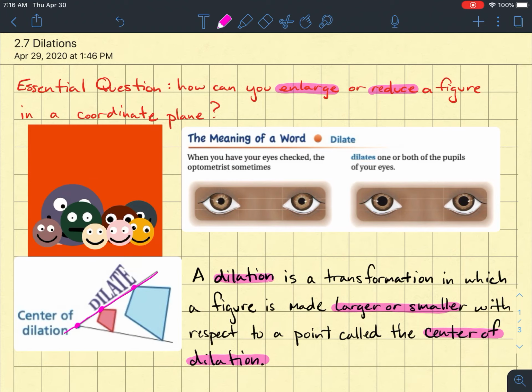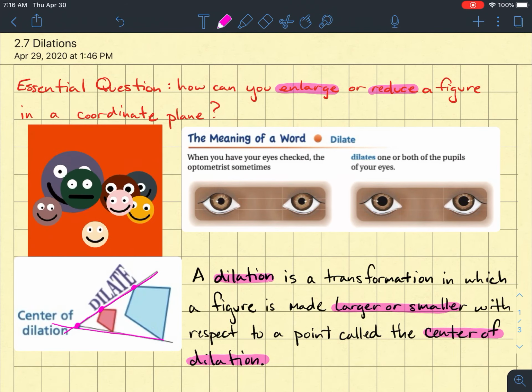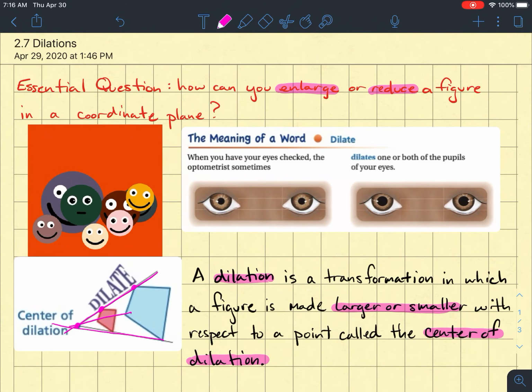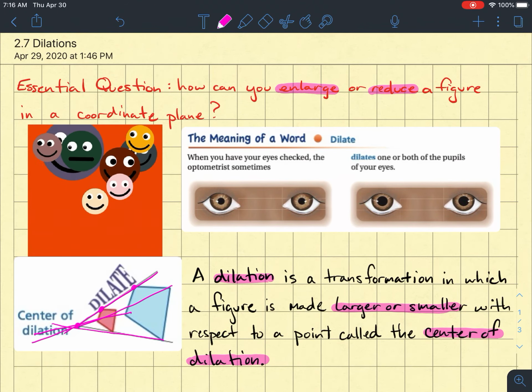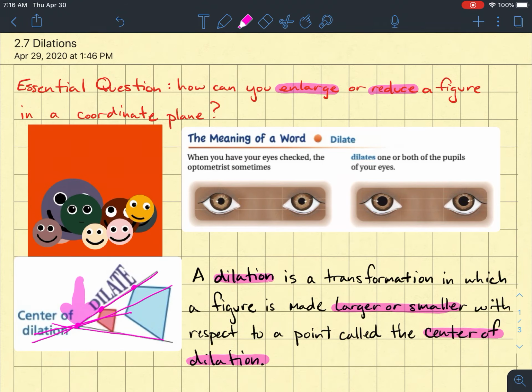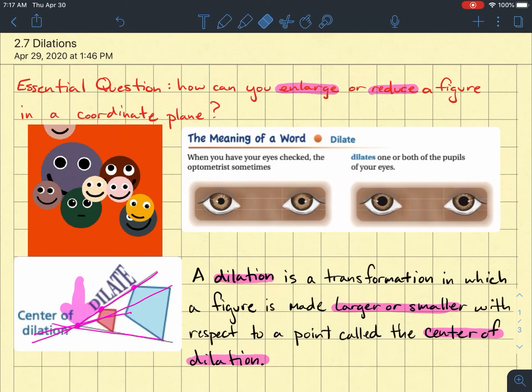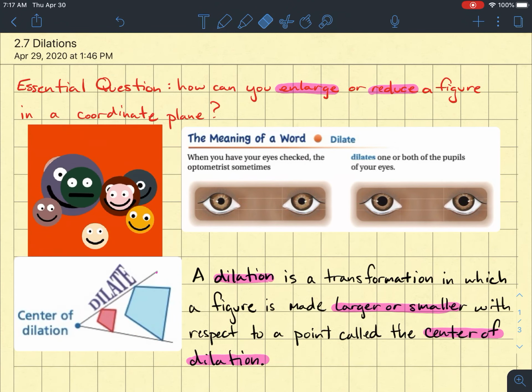You can do the same thing with these two, and these two, and those two. Everything in a dilation will always cross at one point, and that's called the center of dilation. We'll get into that a little later.